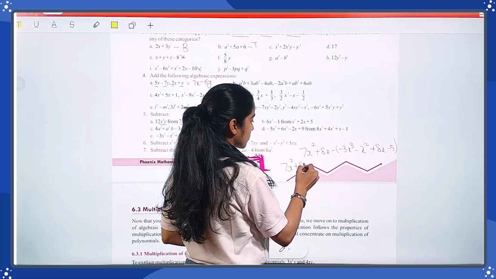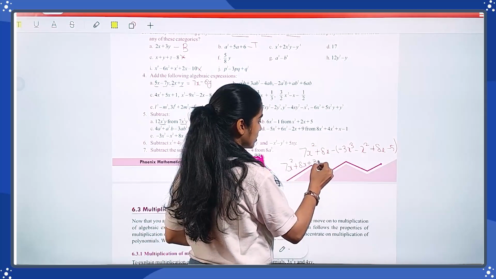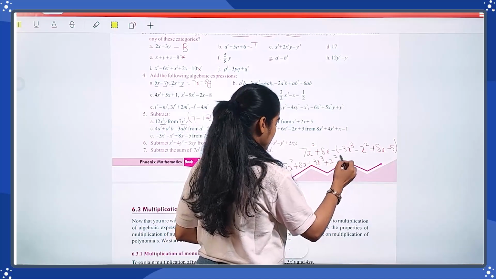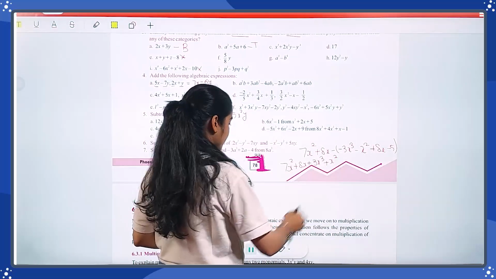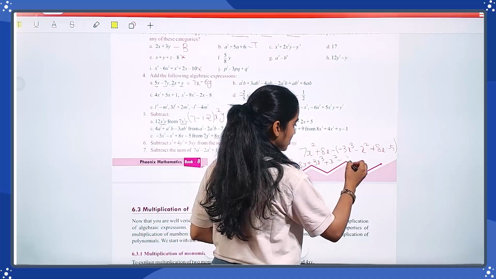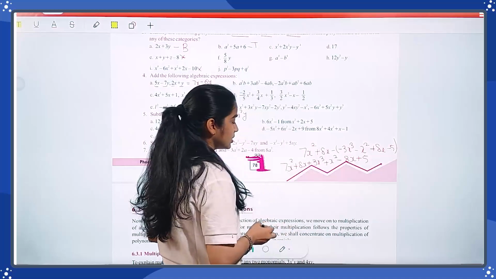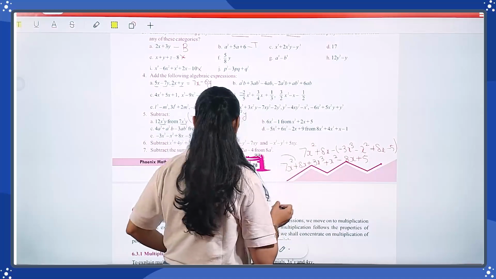So 7x square plus 8x plus 3x cube plus x square, sorry, plus will not be there, minus plus is minus 8x, and minus minus plus 5. Now you can continue your calculation.